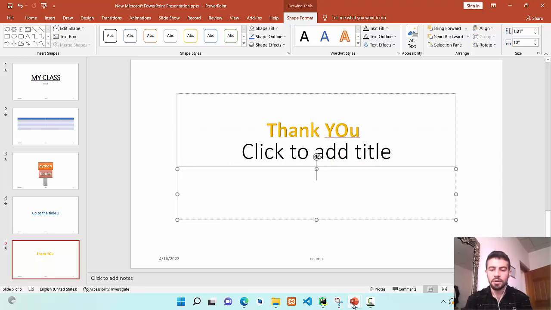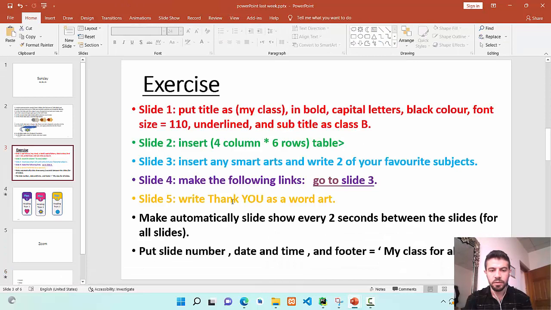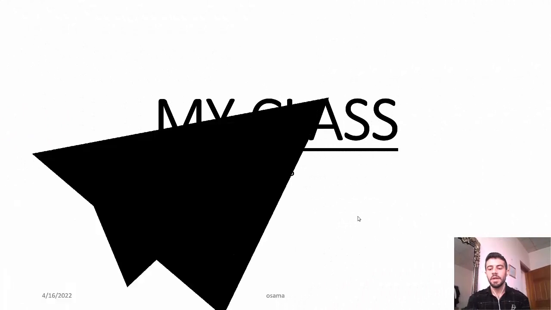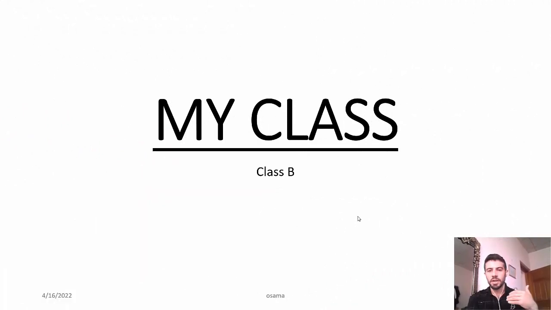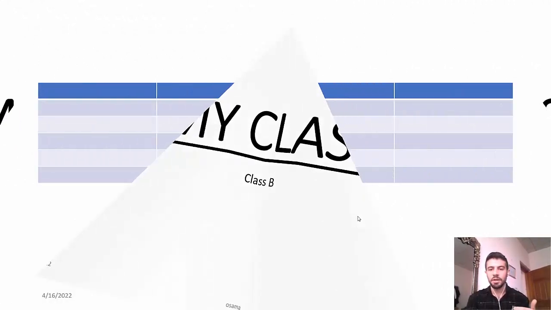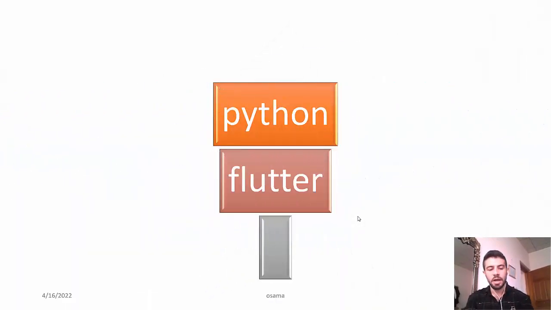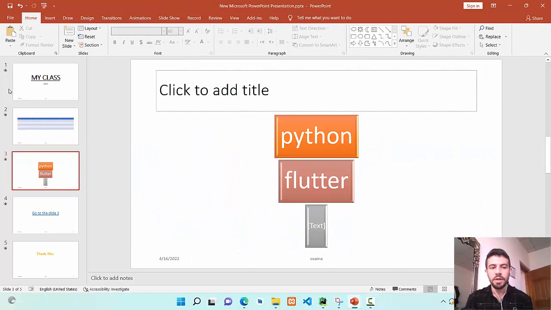This is the question. I need to quickly answer all of them. Then make the slideshow run automatically every 2 seconds between the slides for all slides. So by the way, if I start the presentation in this way, if I need to go to the second slide, I need to click here or press something on the keyboard. I need to make it automatic every 2 seconds.